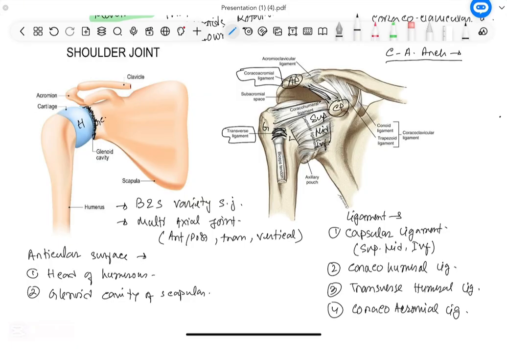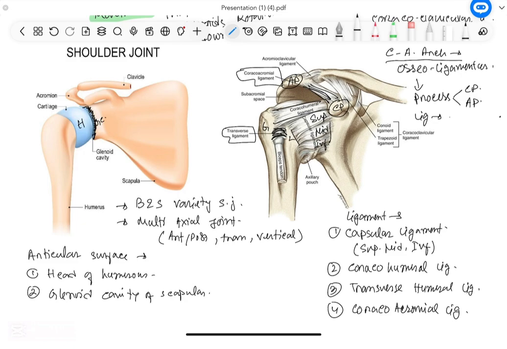Sometimes short notes come on this coracoacromial arch, and students have to know a little bit about it. Coracoacromial arch is an osseo-ligamentous structure. Why osseo? Because there are two bony processes: one is the coracoid process, another one is the acromion process.